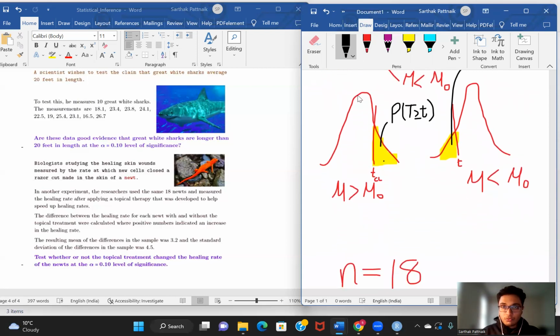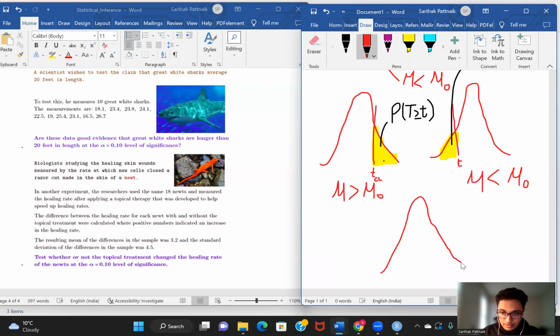Now, when it comes to two-sided alternative hypotheses, we are interested in calculating both these areas.